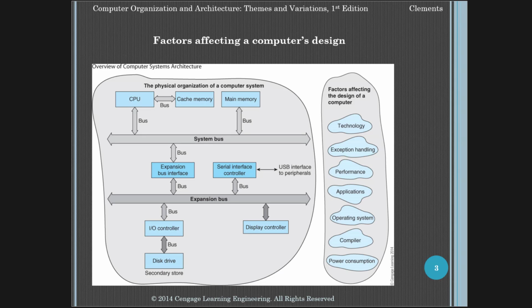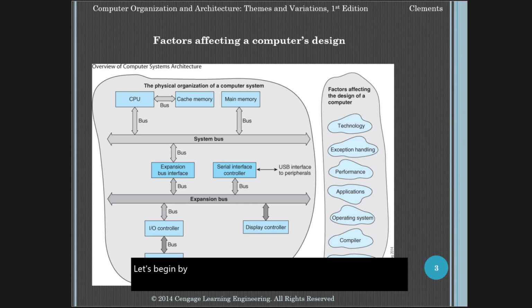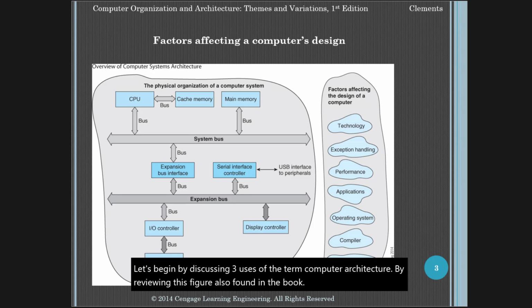Let's begin by discussing 3 uses of the term computer architecture by reviewing this figure also found in the book. So this figure provides a map of the territory that we're going to cover through our journey on computer systems architecture.